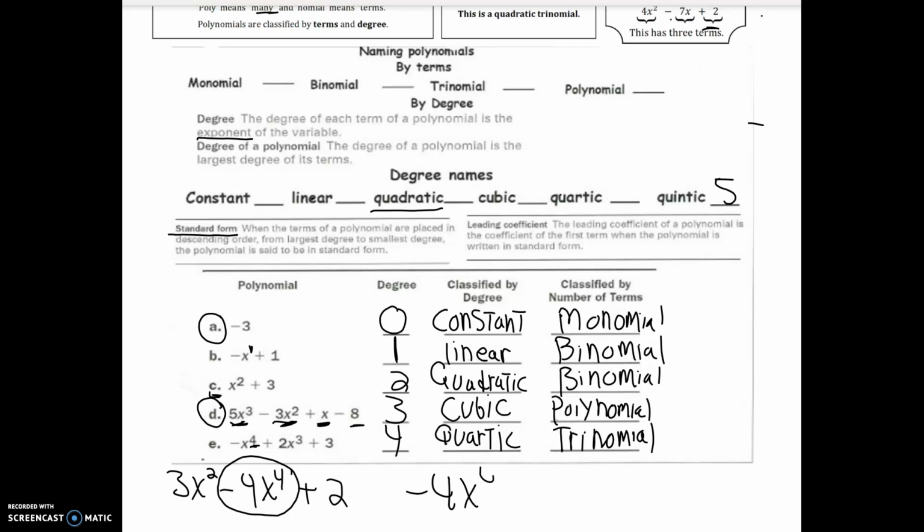Then that's a positive, so that would be a plus 3x squared. That is the constant, okay? So now it's in standard form, and if you wanted to name it, it is going to be a quartic, right? And then we have 1, 2, 3, trinomial.